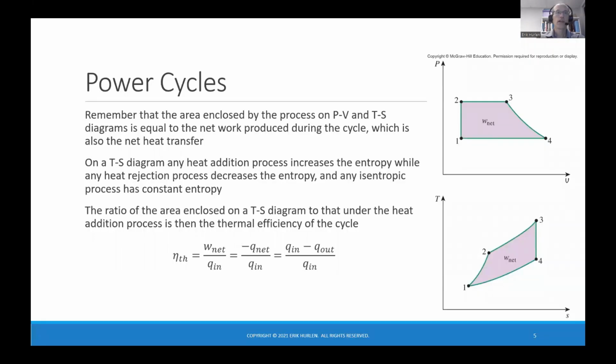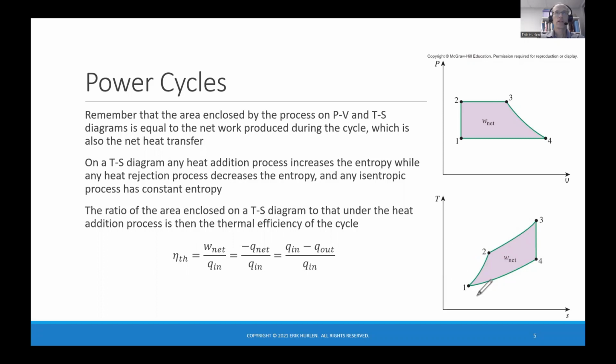Remember that the net work or net heat transfer can be calculated by finding the area enclosed by the cycle on either the T-S or P-V diagram. Any heat addition will increase the entropy, while any heat rejection will decrease the entropy, and any isentropic process will have a constant entropy.